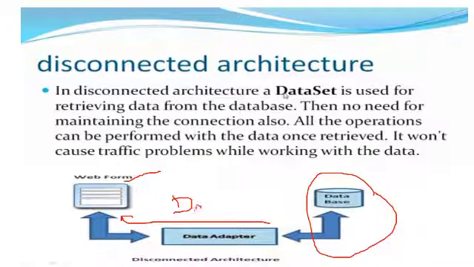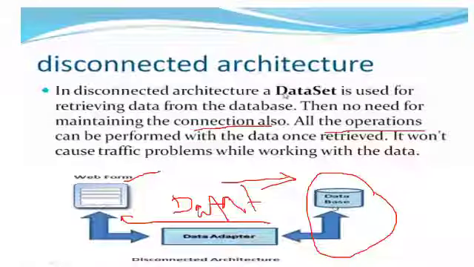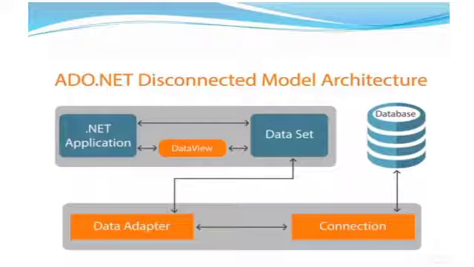The adapter is responsible for bridging the gap. Then there is no need to maintain the connection. Once you get the data, it will be saved in the dataset and then the connection will be closed to the database. So this is a disconnected model.